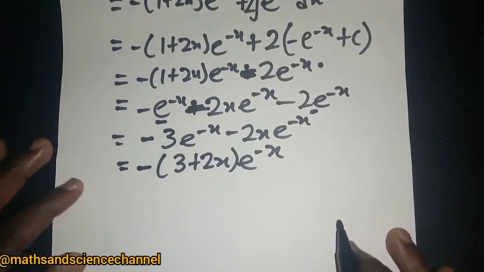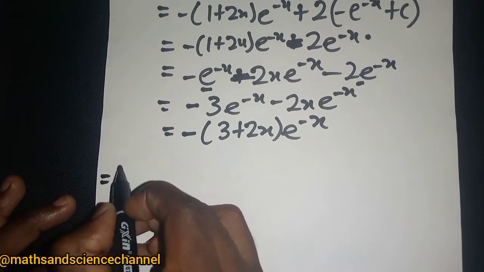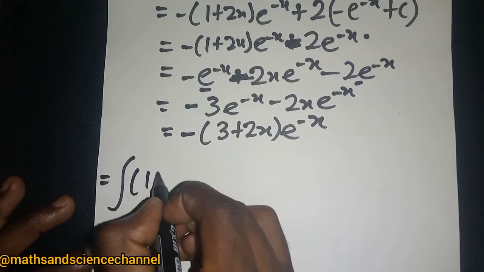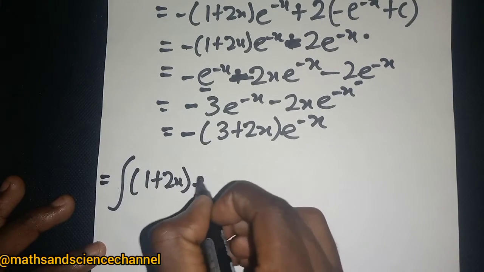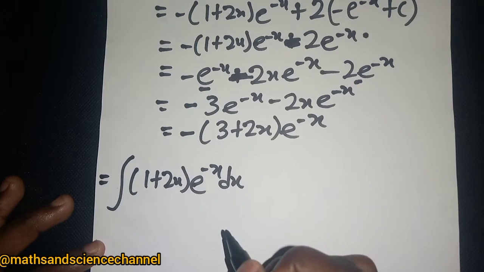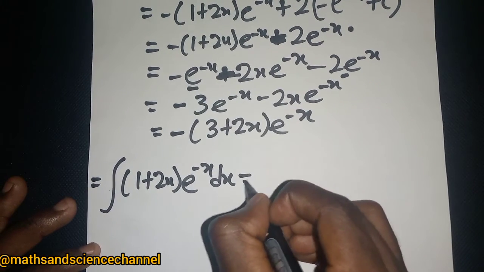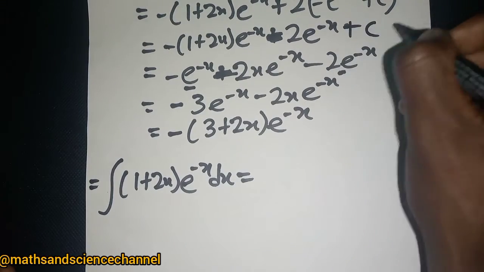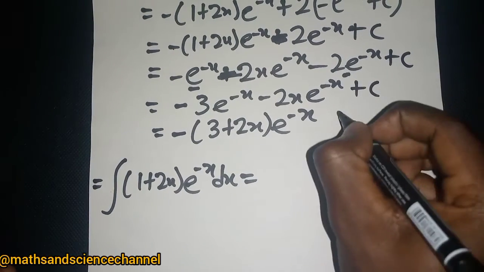Generally, the integral of (1 plus 2x) e to the negative x dx will be equal to this, and remember we didn't have any limit to it, so we have plus c throughout.